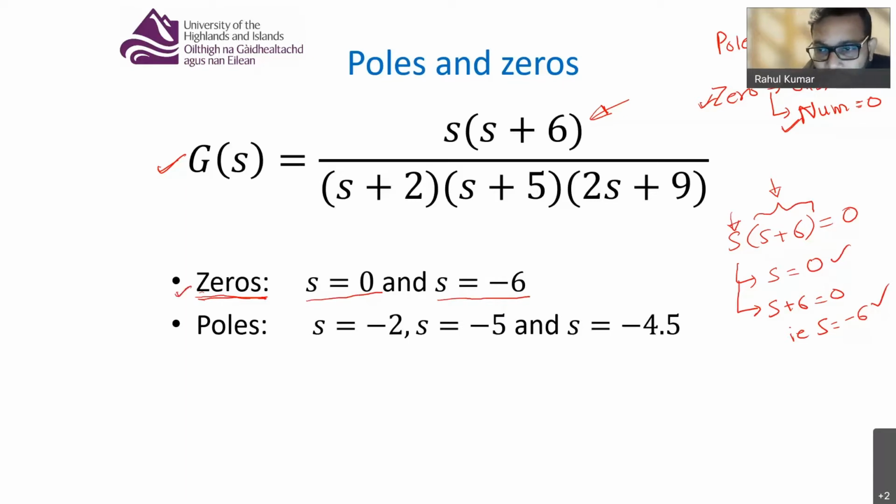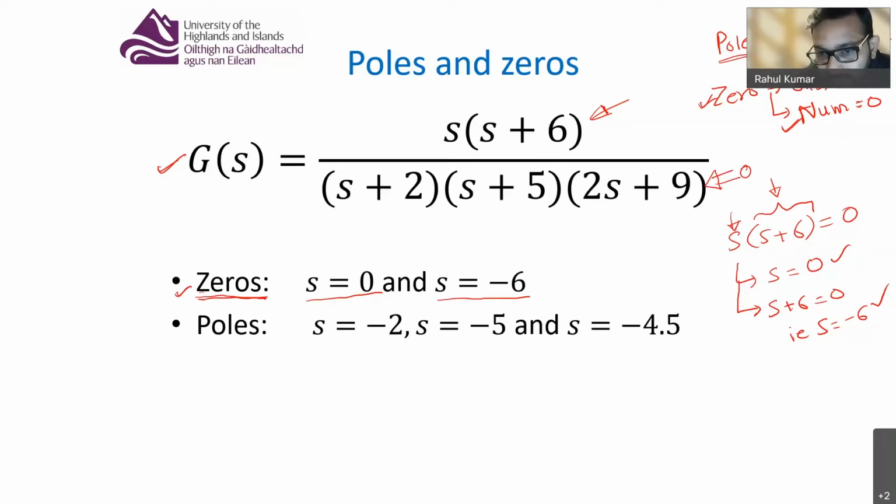Okay, now similarly, to find the poles, right? Poles make my transfer function infinite, so we have to equate the bottom line now. Okay, the bottom line equal to 0. So the bottom line, we have three terms.